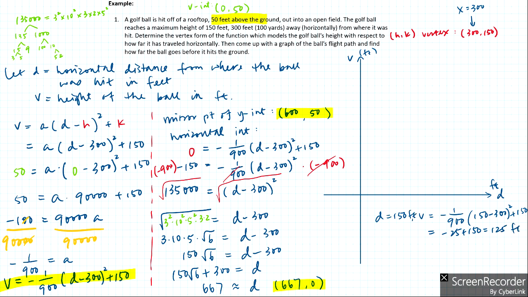And using this information, we can find the mirror point of this point when we have 150, 125 being the point, and the axis of symmetry to be 300.